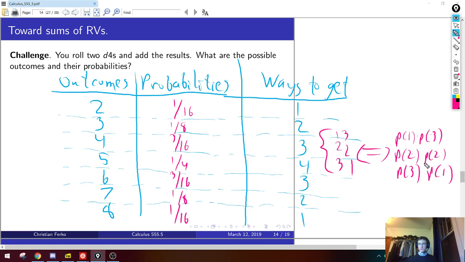So what we really did was add up the sum of all products of probabilities for two outcomes which added up to 4. Since 1 and 3 added up to 4, a quarter times a quarter is 1/16. A quarter times a quarter for the two 2's is 1/16, and a quarter times a quarter for 3 and 1 again is 1/16, and 3/16 is the answer. So that is how you find the probability distribution for the sum of two random variables in the discrete case.